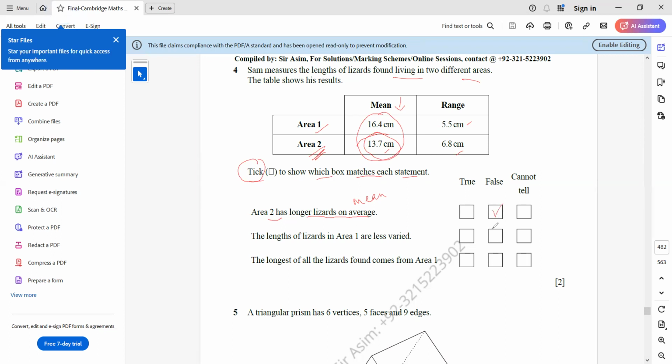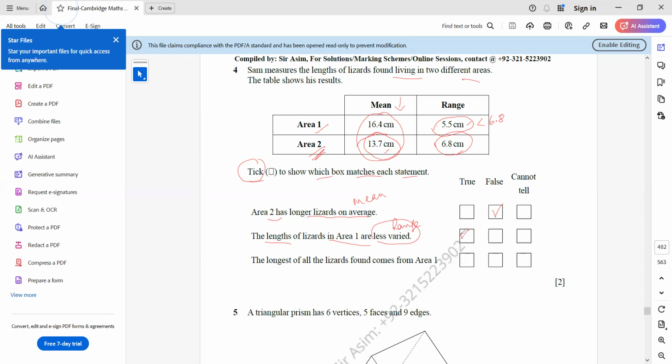The lengths of the lizards in area 1 are less varied. You see, variance means range. 5.5 for area 1 and 6.8 for area 2. Yes, that means its range is varying by a lesser amount. 5.5 is obviously less than 6.8.